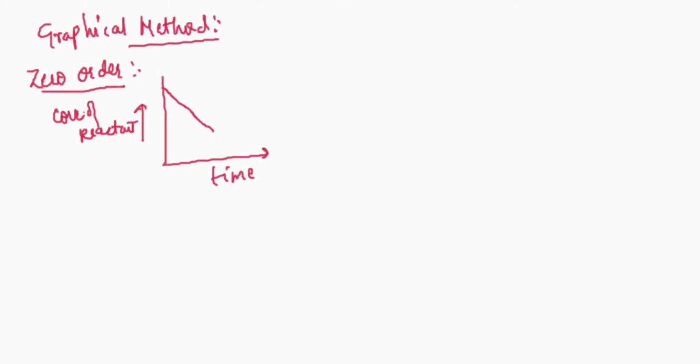Again, if we talk about the concentration of product versus time, it gradually increases from the origin linearly. These are the linear curves. So that's how we name it a zero order reaction.